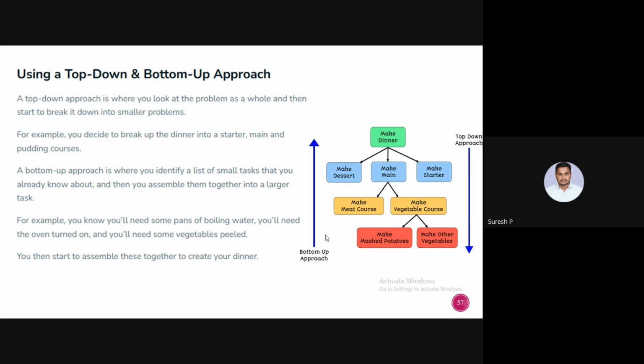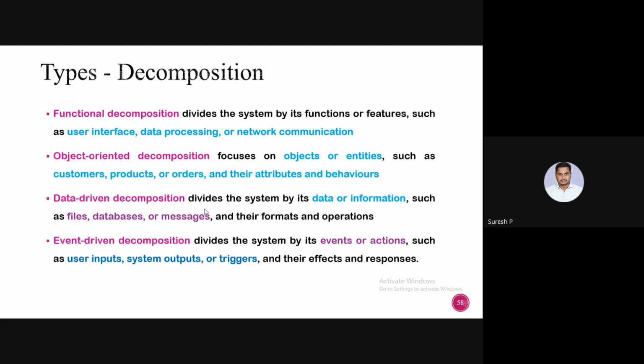Top-down approach. Bottom-up approach means here we will list or identify the set of small tasks, then after that you will assemble all those small tasks together and create a larger task. So that is called as what? Bottom-up approach.